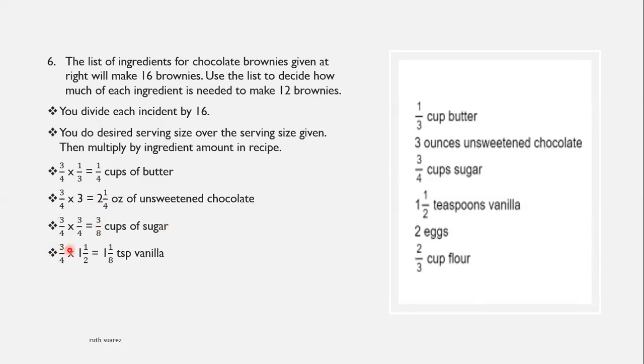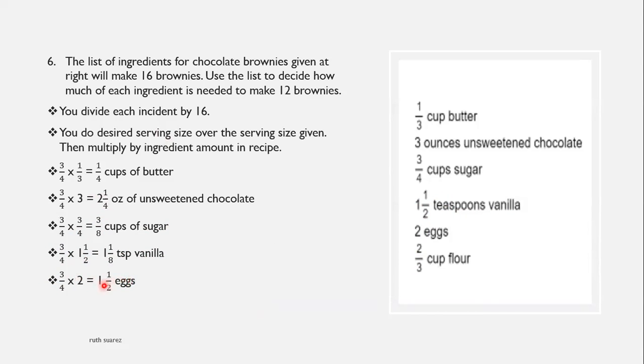Next is the same thing again, 3/4 times 1.5 teaspoons of vanilla. So whenever you multiply this, it's going to give you 1/8 teaspoon of vanilla. Next is the same thing again, 3/4 times 2 eggs, which whenever you multiply these is going to give you 1.5 eggs.